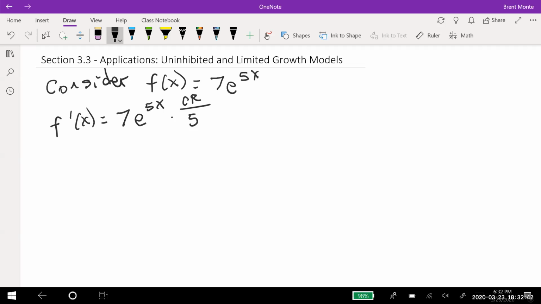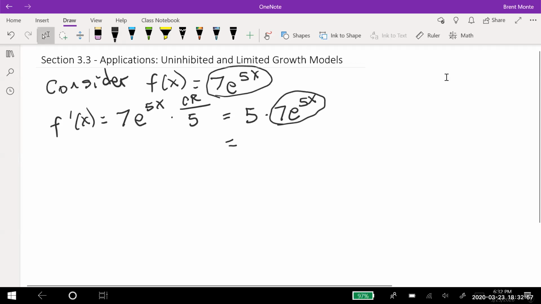But what I really want to point out is, if I move that 5 out front and then say times 7e to the 5x, notice this 7e to the 5x is the exact same as what I started with. So what I have is 5 times f of x, the original function.